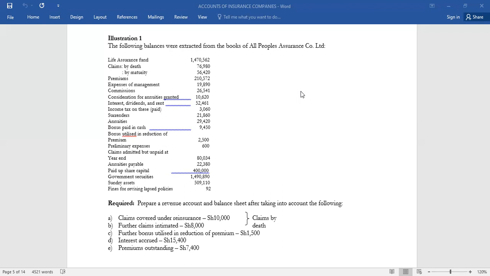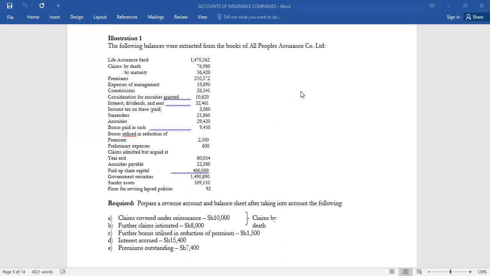prepare the trial balance. Of course, the trial balance will be a quick check on whether the books as they are are going to balance before you even adjust anything. You've been asked to prepare a revenue account and the balance sheet after taking into account the following adjustments.